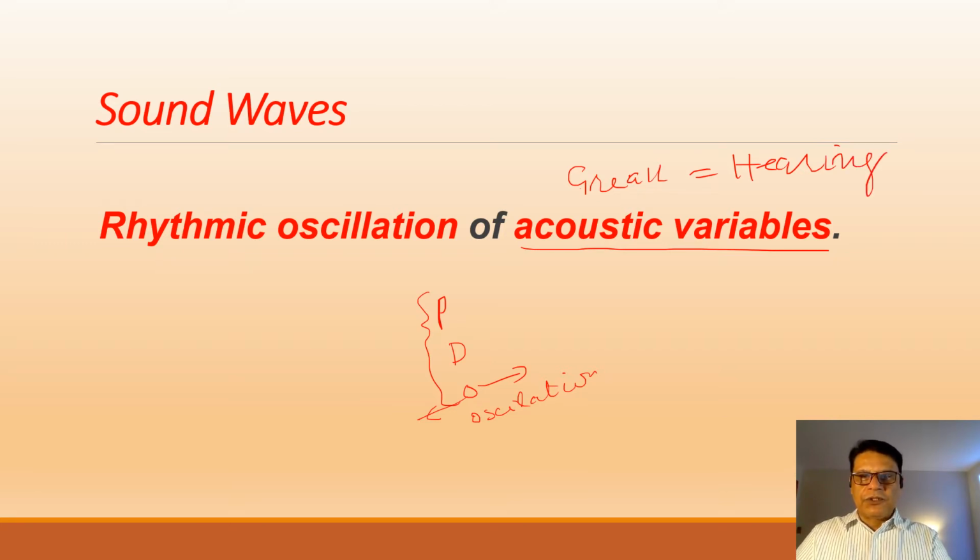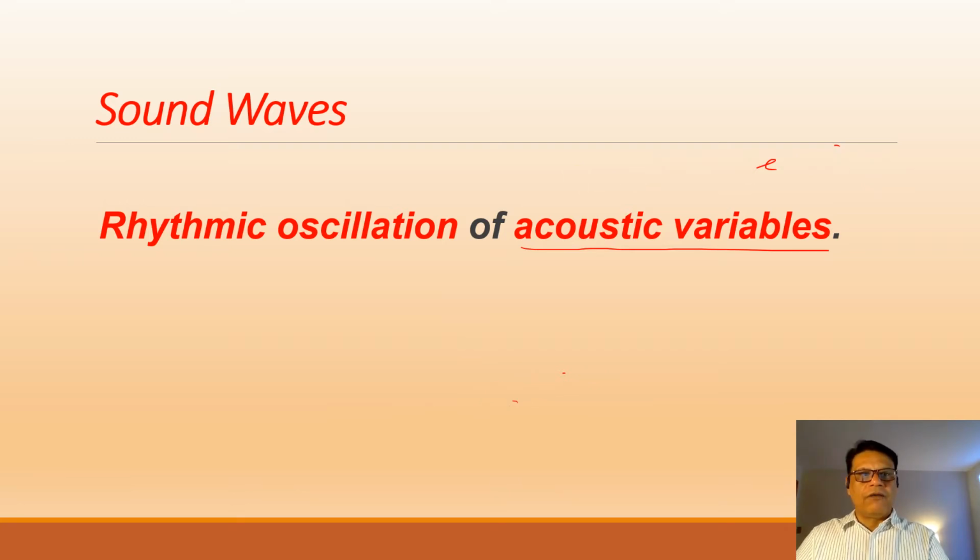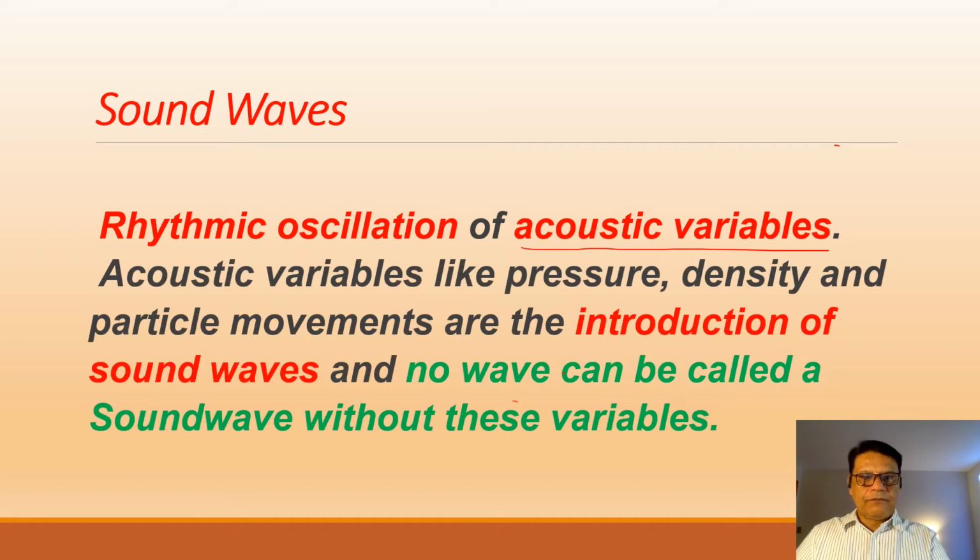So these acoustic variables, pressure, density, and particle movement are actually the introduction of the sound wave. No sound wave can be called a sound wave without these variables. They are the hallmark of ultrasound waves.